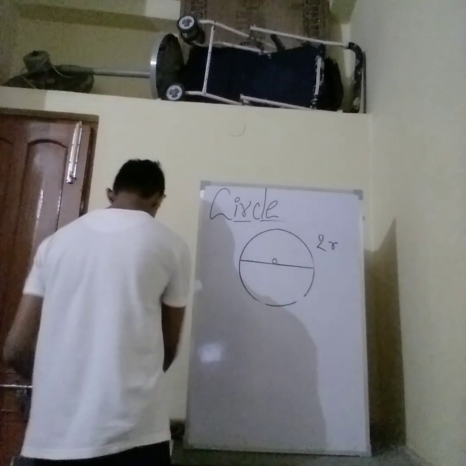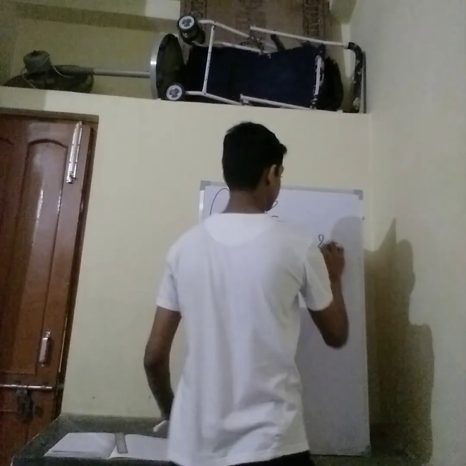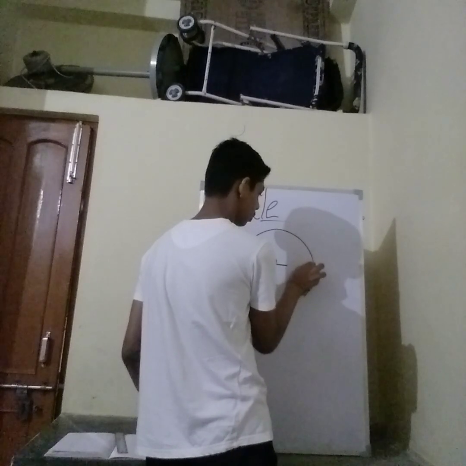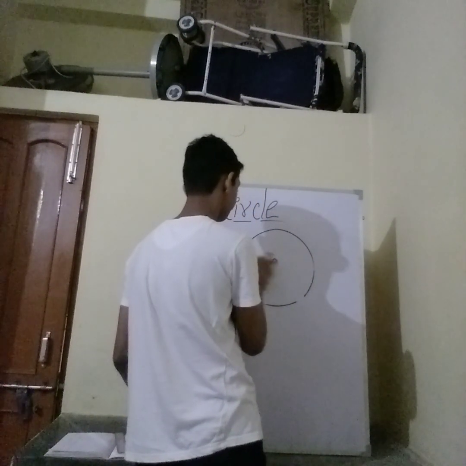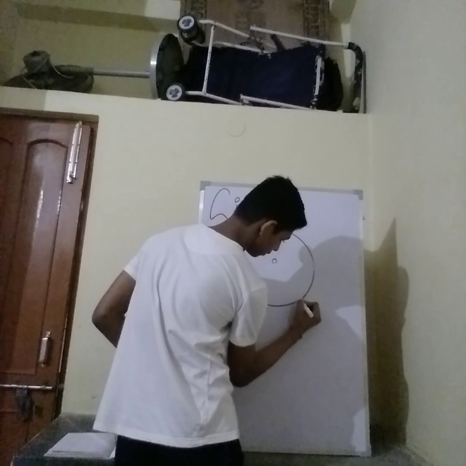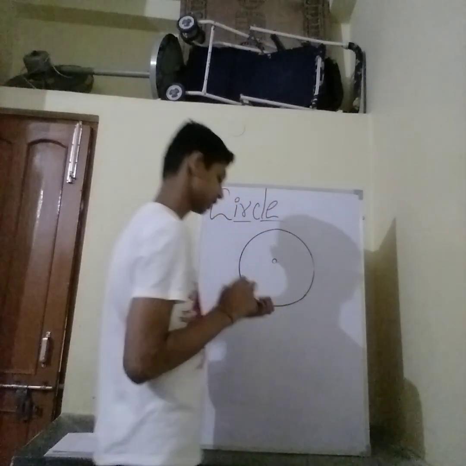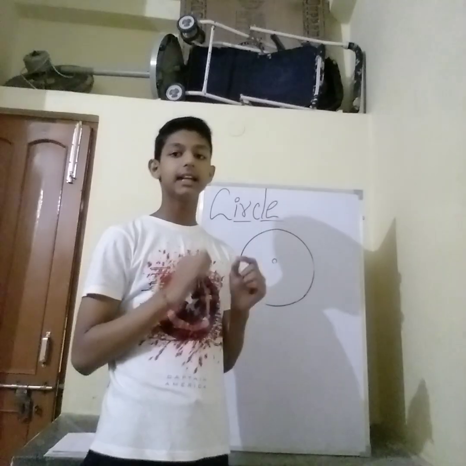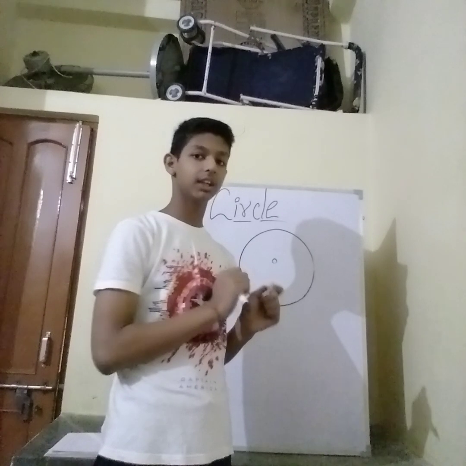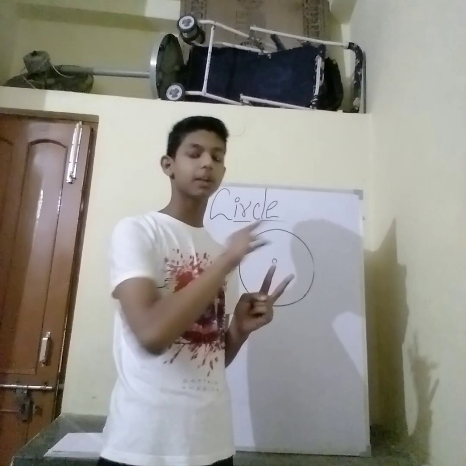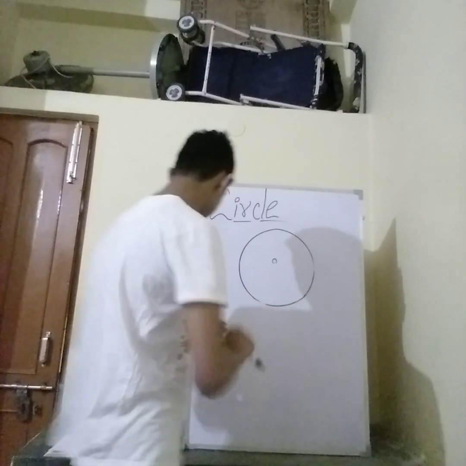Now we will discuss secant. What is a secant? A secant is a line intersecting 2 distinct points on the boundary of the circle.